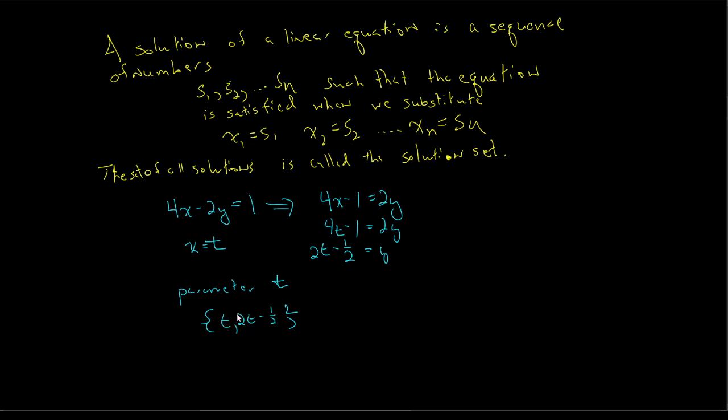So for example, if t was 3, then I would get 6 minus a half. So 6 minus a half is what, 11 halves? And that's one solution. But this set contains all possible solutions by using a parameter t that we can use to find it.